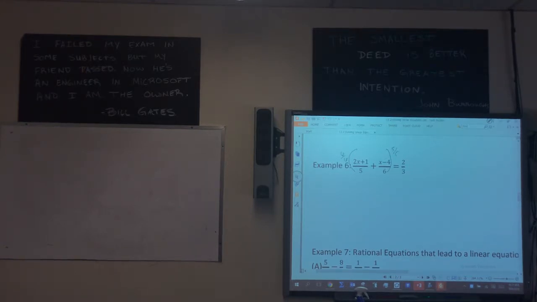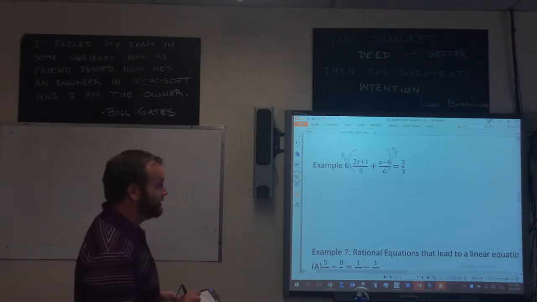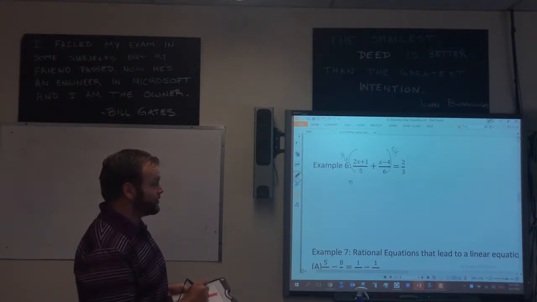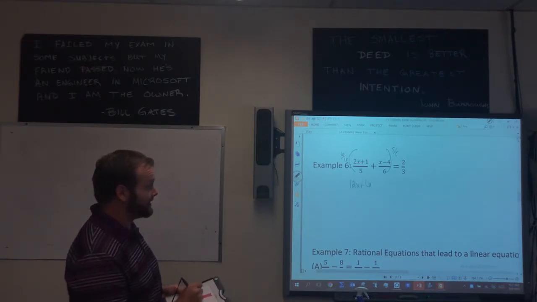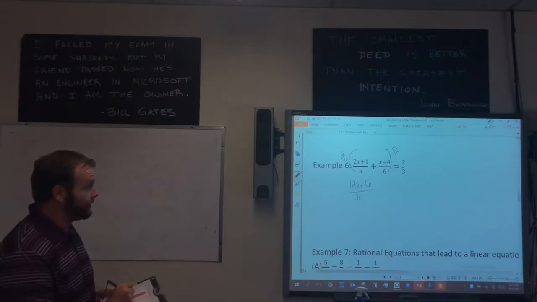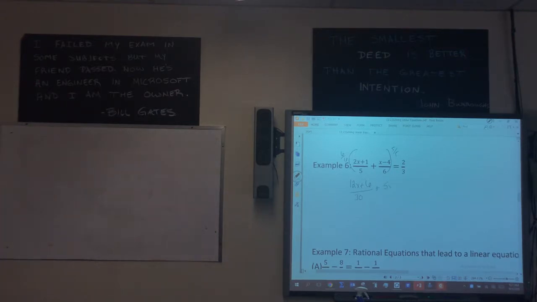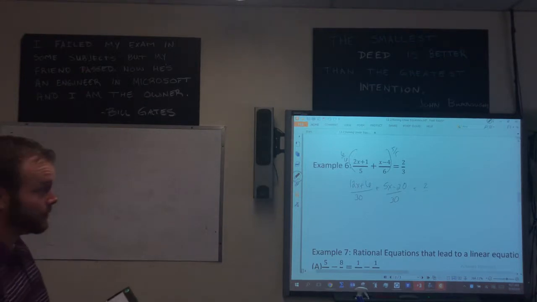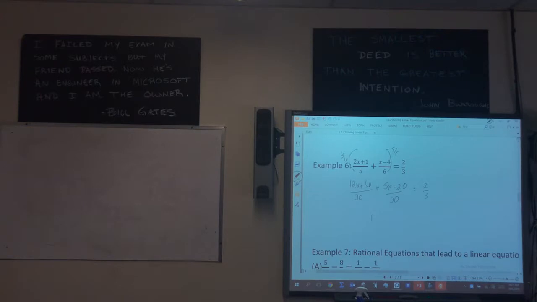Whether you write this down or not, I'm going to show you a different technique that is probably quicker. But if you wanted to use cross products, this is what you have to do. It's going to be 12x plus 6 over 30 plus 5x minus 20 over 30 is equal to 2/3, correct?